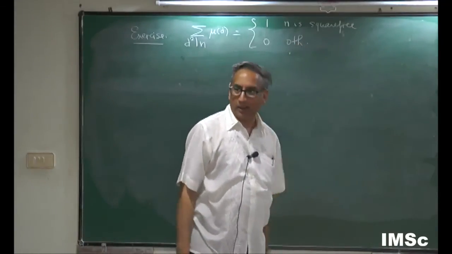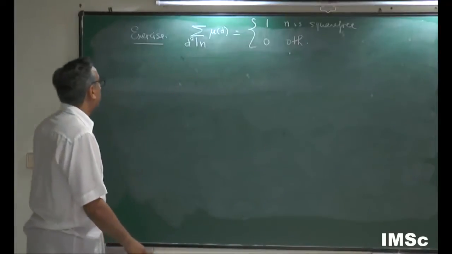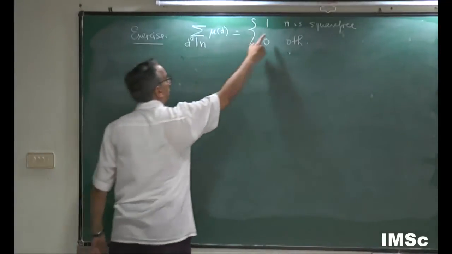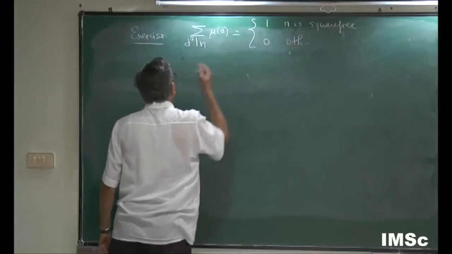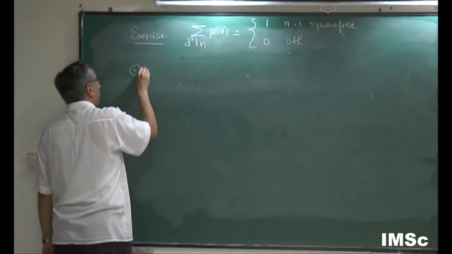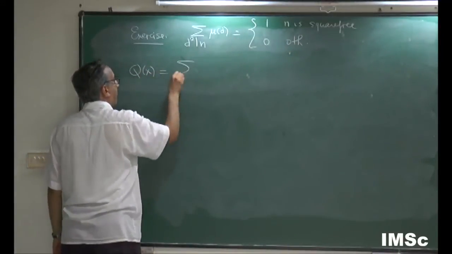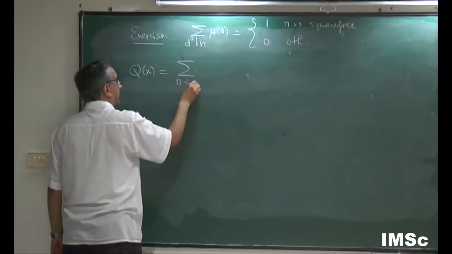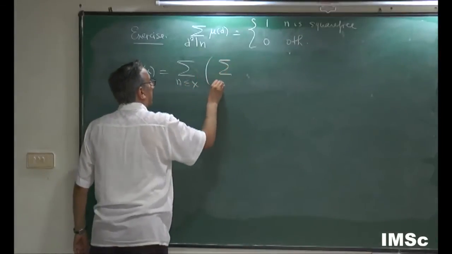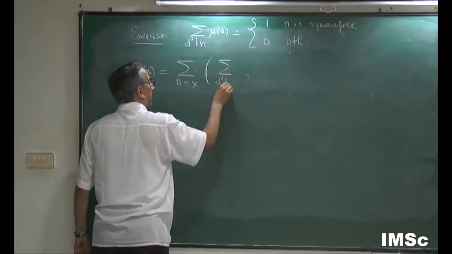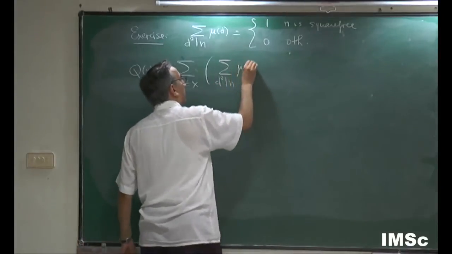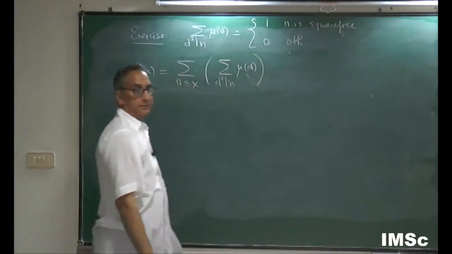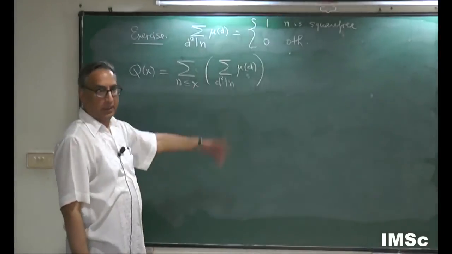More or less it's there, but prove it, okay? So if that's the characteristic function of the square free numbers, then Q of x is just simply the sum over n less than x of the sum over d with d squared dividing n of mu of d. I mean, that's what you have. Just plug it in, right?